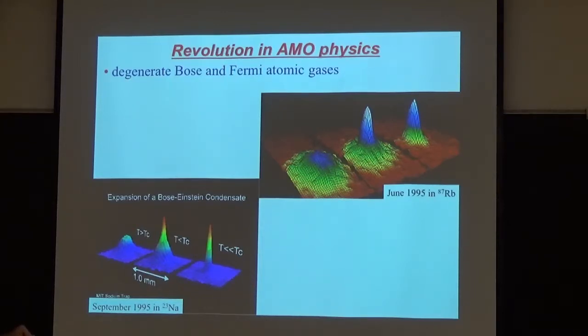And in fact, I remember going to a Gordon conference and telling attendees about the project going on in Colorado, and they were equally dumbfounded about what could possibly be interesting about a dilute, even if condensed, atomic gas. So there was very little appreciation or vision within the condensed matter community about what this field could bring us.